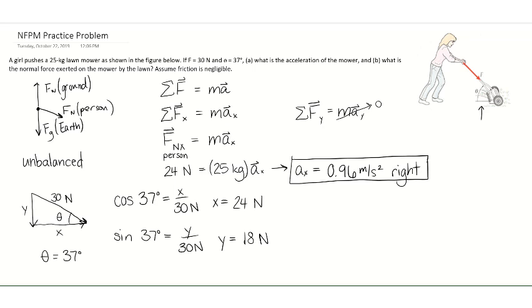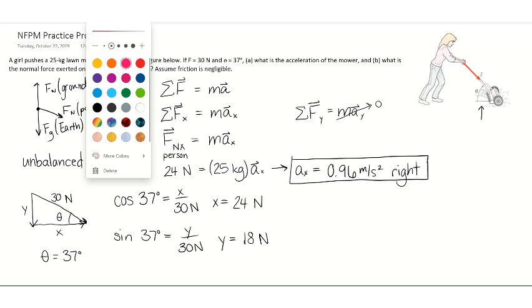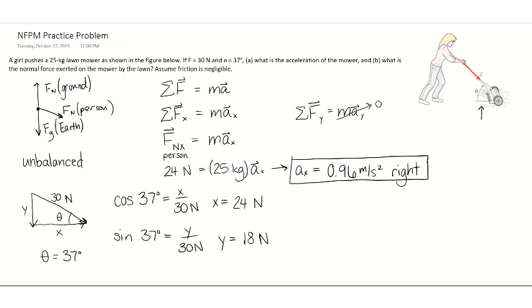Now, this problem also asks me to find the normal force exerted on the mower by the lawn, or I called it the ground. To be able to find that, we'll focus in on the y component of Newton's second law. So focusing on this equation that I've written up here, I'm going to move down on my page here. I'm going to add together all the y components of force.